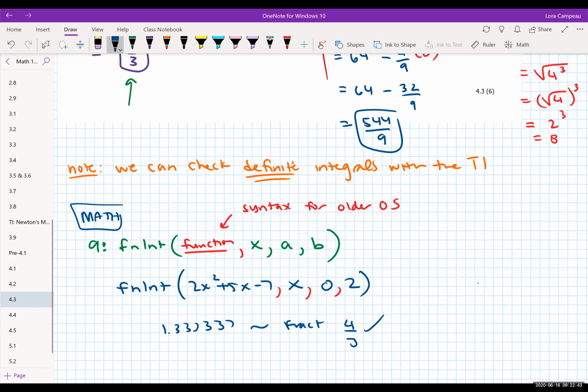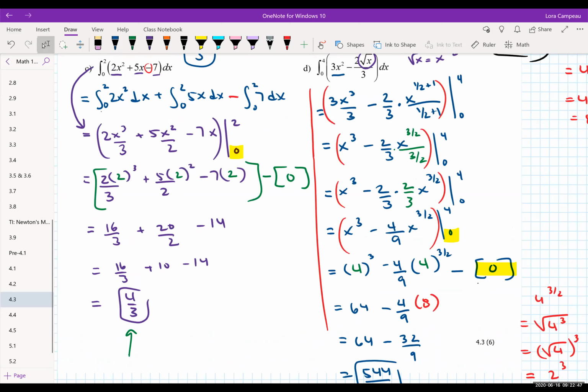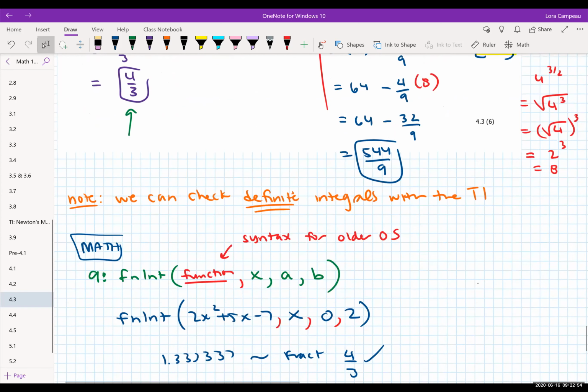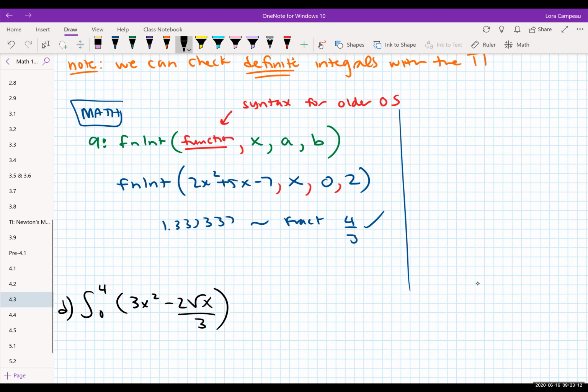A lot of times when we're first starting, we always try to show that we're obtaining this from the fundamental theorem of calculus. Sometimes you can't just use your TI. You'll see it doesn't always give you an exact value. So for instance, let's try the integral from 0 to 4. Let's do part D, just so that you see. That was the integral of 3x squared minus 2 square root of x, all over 3, with respect to x.